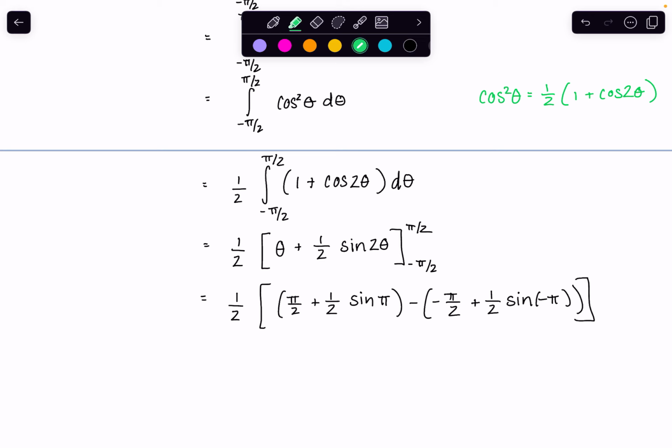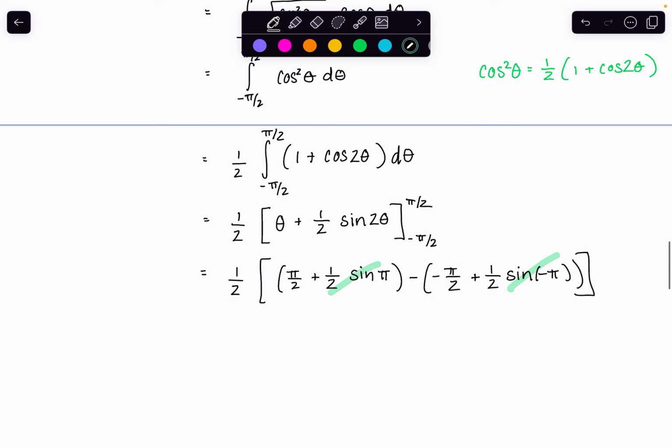And thankfully, both of those are 0, so they do not matter. And that really gives you 1/2, and then you get pi over 2 plus pi over 2, which leads you to pi. So you really get pi over 2 as your answer. Okay? So the area of this curtain is pi over 2.